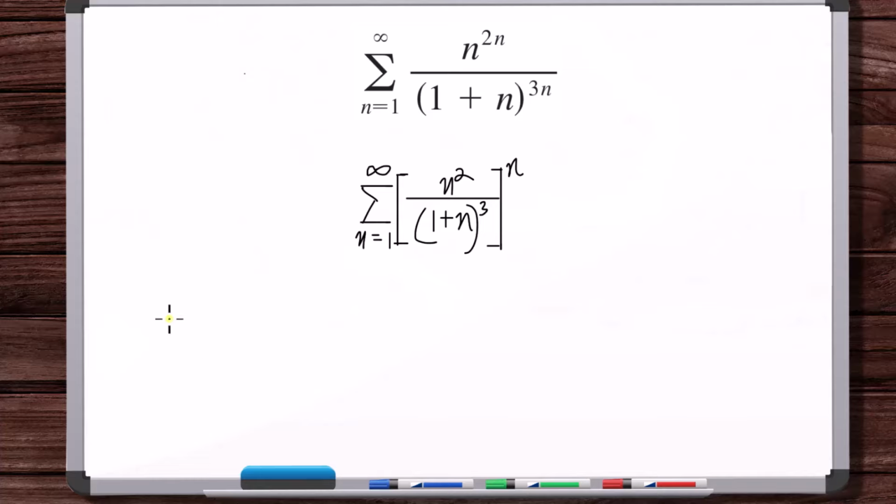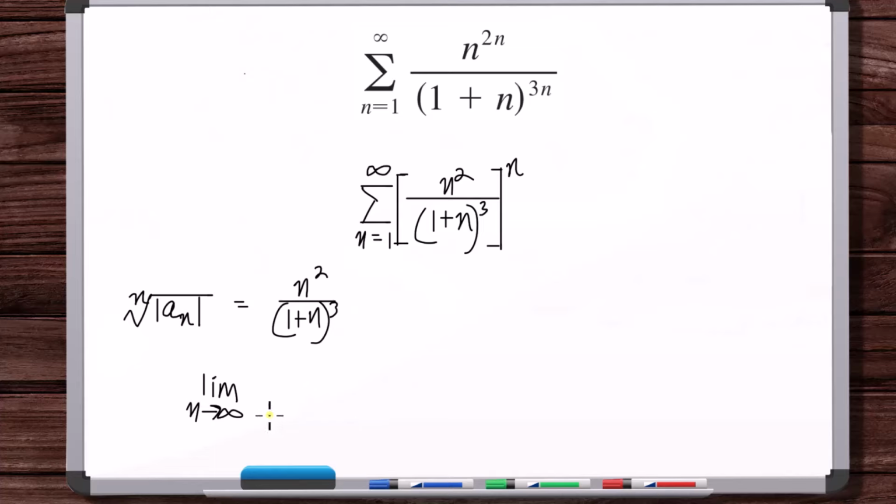What do you do with the root test? Well, the absolute value of a sub n is not going to come into play here, since this is always positive. Then you take the nth root of that, and in that case, that's n squared over 1 plus n cubed. And then you just take the limit of that.